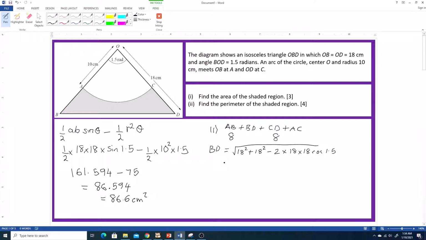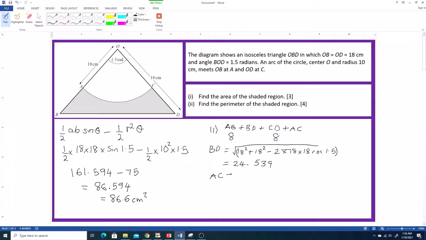And when I punch all that in my calculator, make sure you put brackets here and here. That will give you the answer in one single step. And I got 24.539.